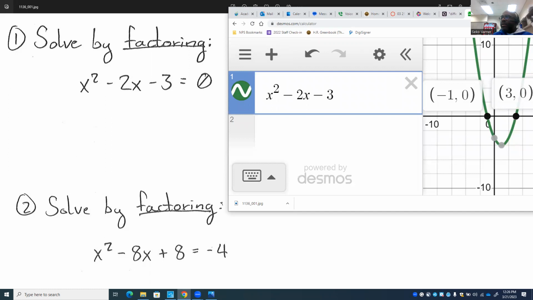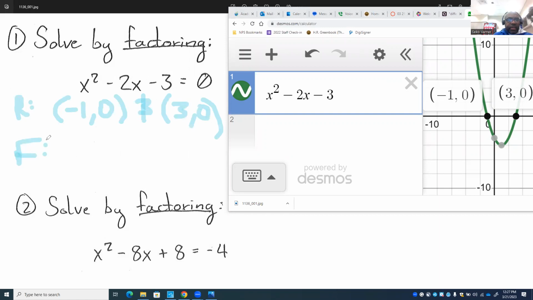Okay, so my roots for this are negative 1, comma 0, and 3, comma 0. So now I'm going to change everything and make it the factors. I'm going to put down my parentheses next to each other because they're going to multiply this time.